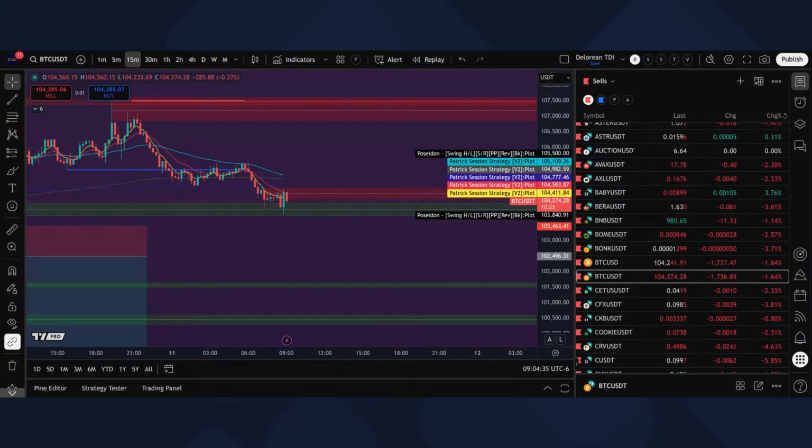I believe we have the euro, the Canadian dollar, and the US dollar on bank holiday today. The US dollar is on bank holiday for Veterans Day. I don't know what the holidays are in Canada or the United Kingdom.